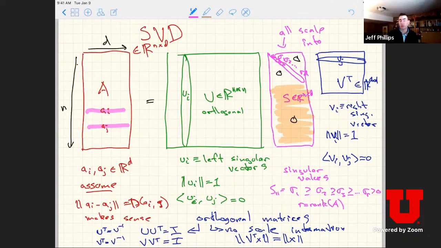Okay, we'll talk more about how to think about the rank, but remember, the rank of A is the maximum number of linearly independent rows or columns I can find in A, and this determines how many singular values I have. So one way to determine the rank of a matrix is to compute the SVD and count the non-zero singular values.